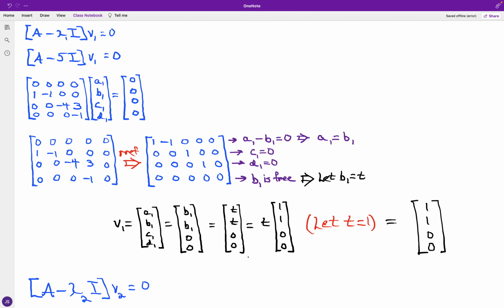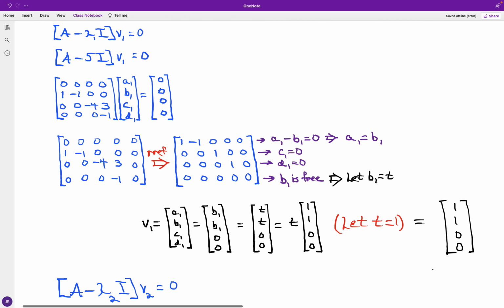Factoring out the variable t, which is the only variable that we have within this matrix, we have 1, 1, 0, 0. Using what's referred to as a basis matrix, if we factor out the variable and just let that variable be equal to 1, in this case t equal to 1, we're going to have 1, 1, 0, 0 as the elements that will represent v sub 1.